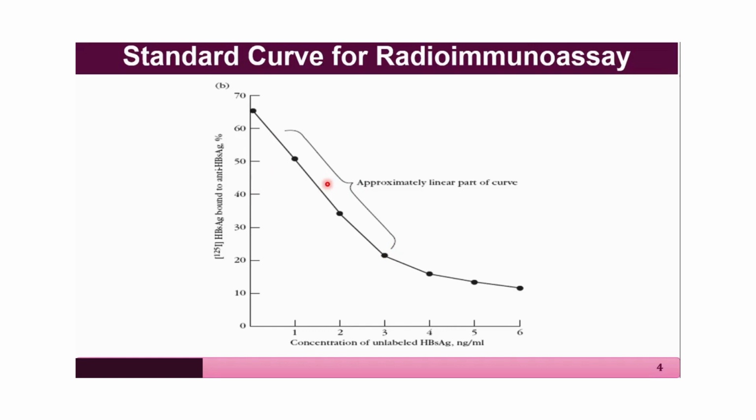So, radioimmunoassay is used for the most sensitive assessment of very low concentrations of antigens, like the thyroid hormone or the HIV antigens like the GP120 protein of the HIV virus.